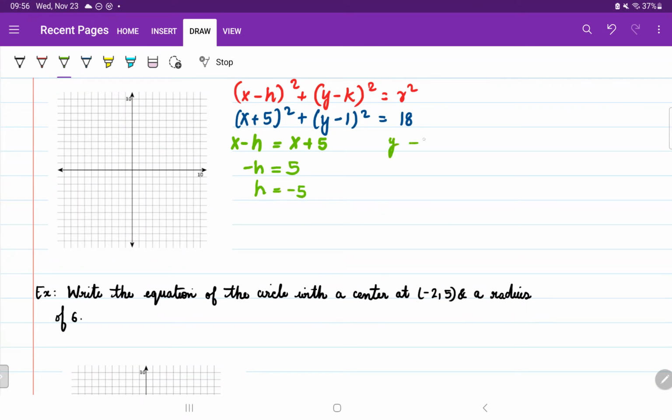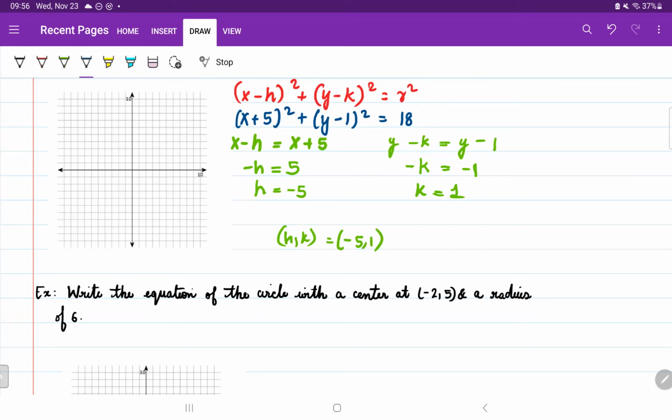Similarly, we have y minus k equals y minus 1 here. Subtract y on both sides, and then you get minus k is minus 1. Multiply by negative 1 on both sides, you get k equals 1. So our center, which is h comma k, is minus 5 comma 1.